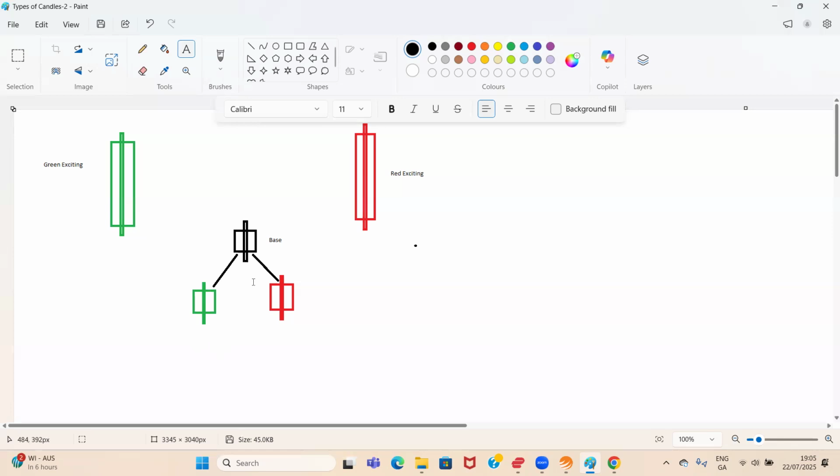And why the red base candle gets formed is just the opposite. So one day I decided I will sell it off, right? So my price was at 100. Sold everything, or whatever I wanted to sell. Sellers were heavy and they pushed this to 95, right? But then buyers became active and said, no, no, we will buy more.